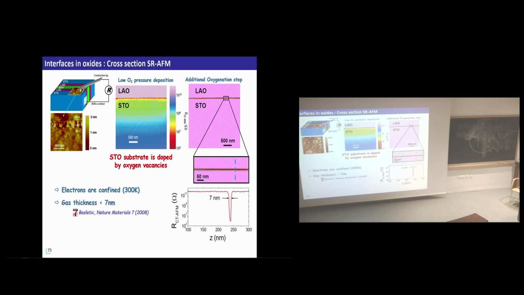And if you zoom in on a cross-section, you can even give an upper limit, which here is about 7 nanometers. Because of the probe's finite size effect, you cannot say it is 7 nanometers. It is at most 7 nanometers.